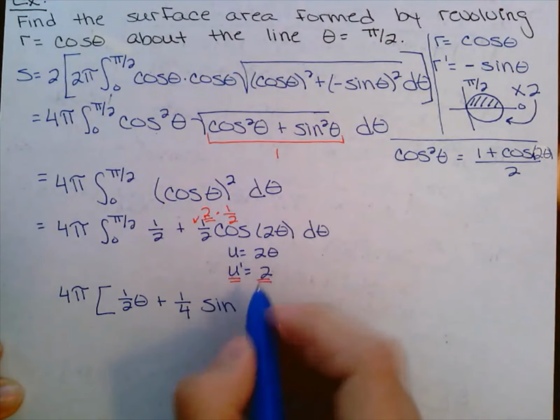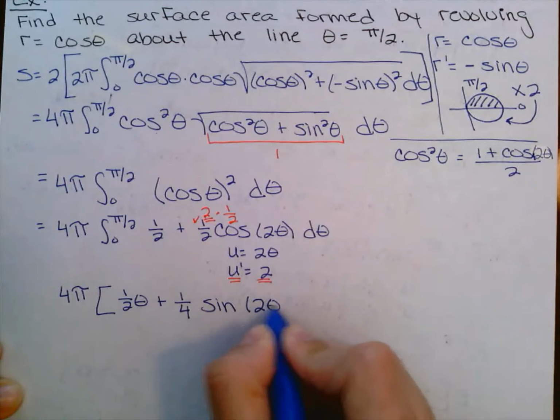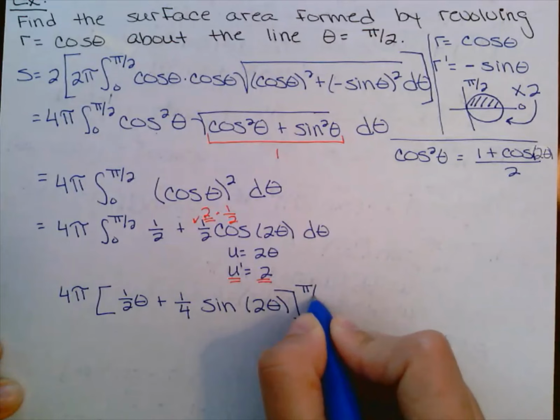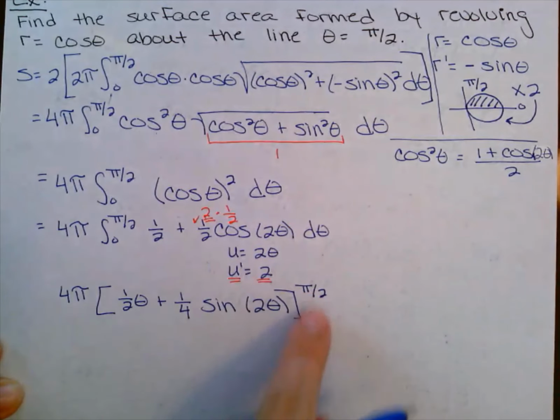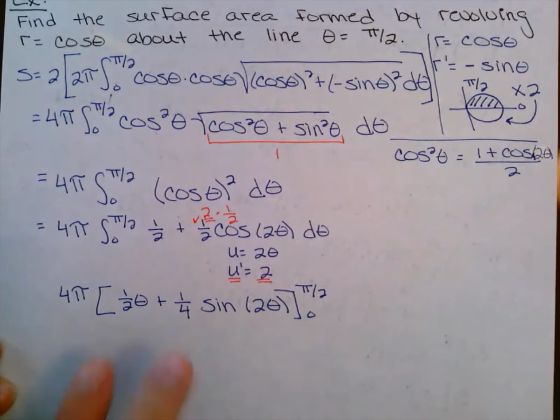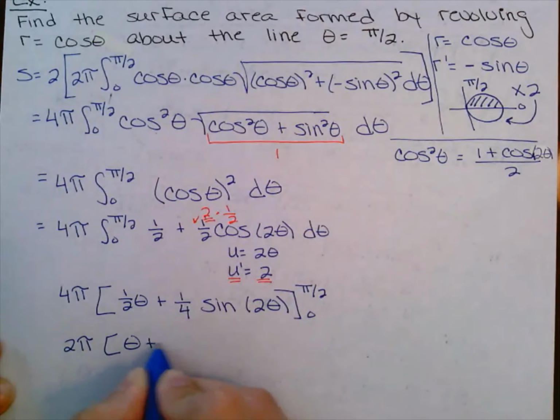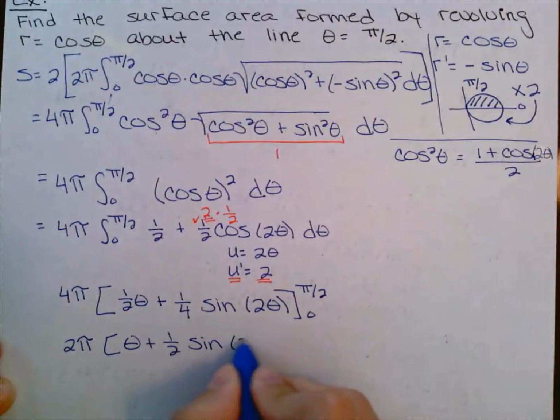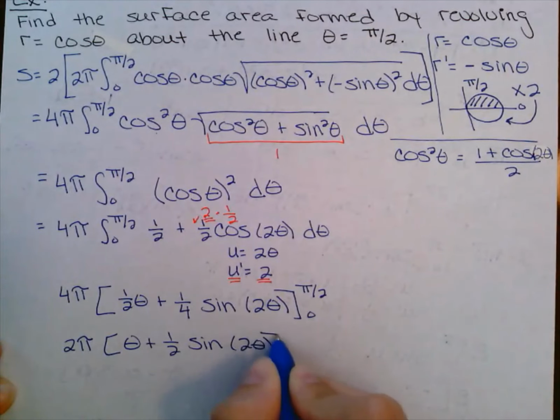And then I plug my u back in of 2 theta. Remember, if I plug my u back in, I do not have to change my limits of a to b. You can factor out a half here if you'd like. It'll cut this to a 2 pi. And then it'll be a theta plus half sine of 2 theta, if that makes you happier, just to work with smaller numbers.